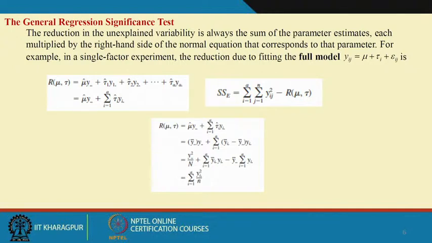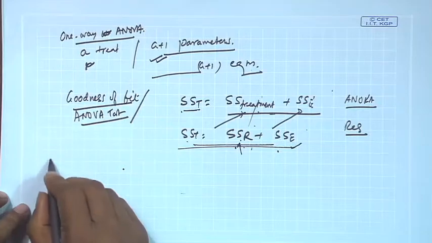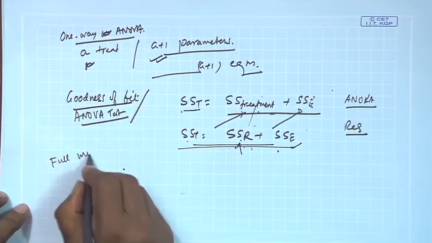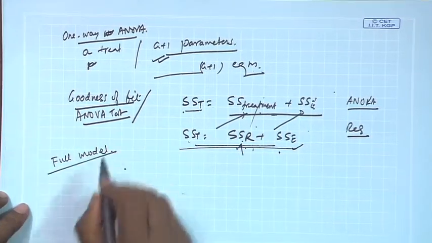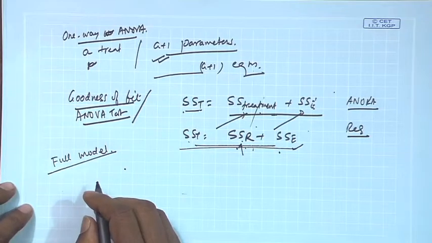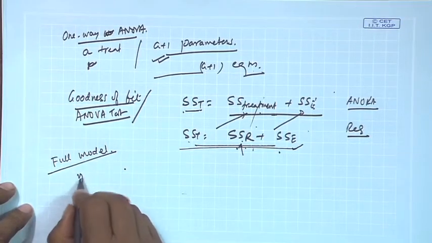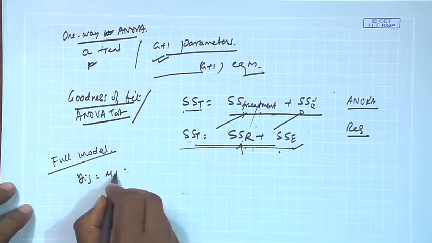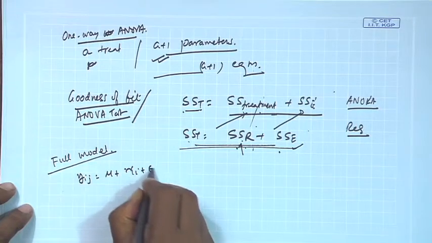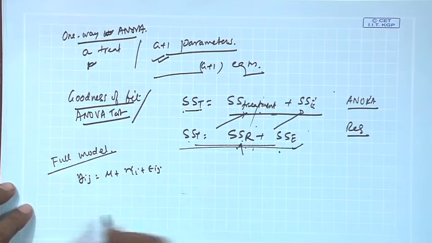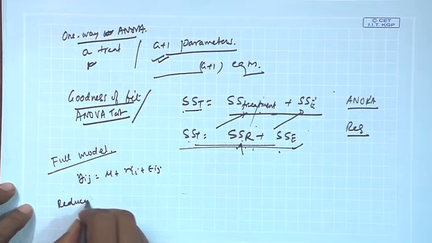Here we will be using the concept of the full model. Full model, if ours is a one way ANOVA case, is Yij equal to mu plus tau i plus epsilon ij. Another one is the reduced model.